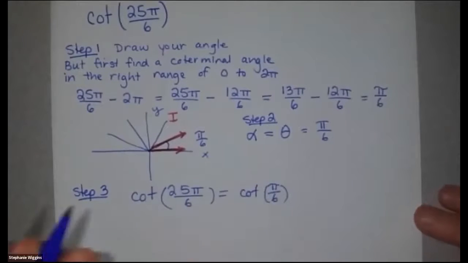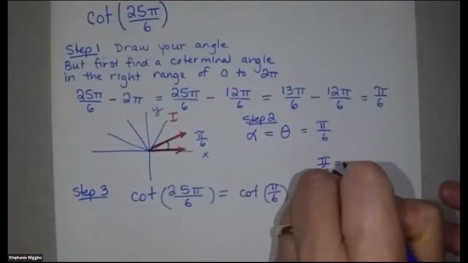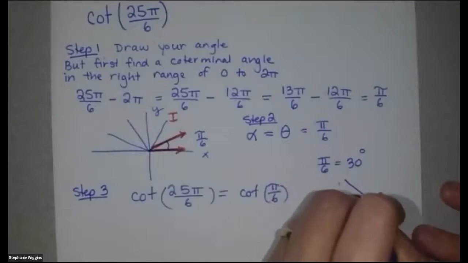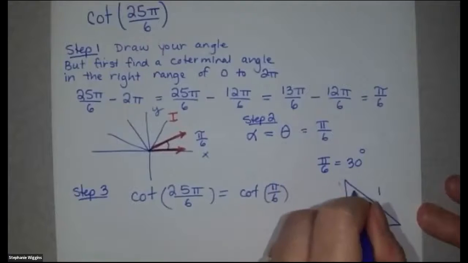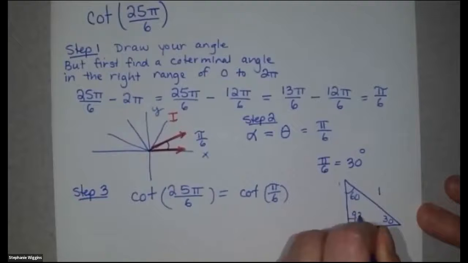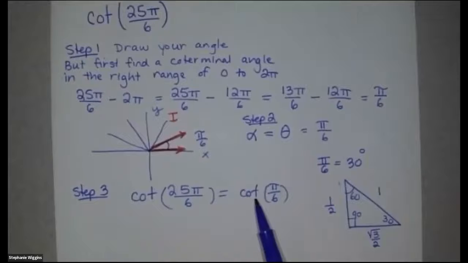So pi over 6, if I convert it to degrees, is 30 degrees. So my triangle then, say this is 60, this is 30, this is 90, my 30, 60, 90. Opposite of 30 is 1/2, opposite of 60 is square root of 3 over 2. And cotangent is the reciprocal of tangent.